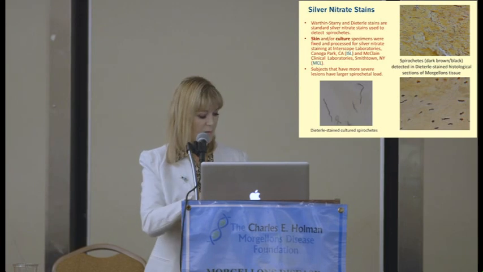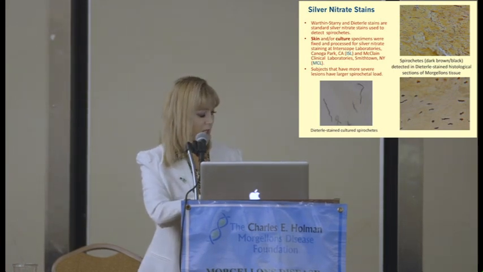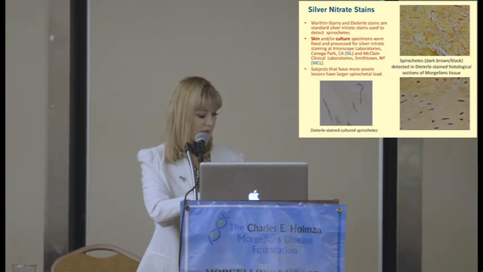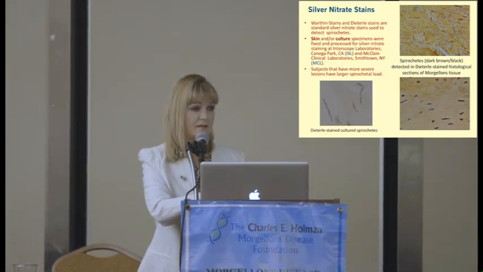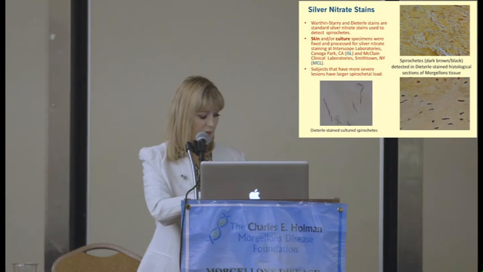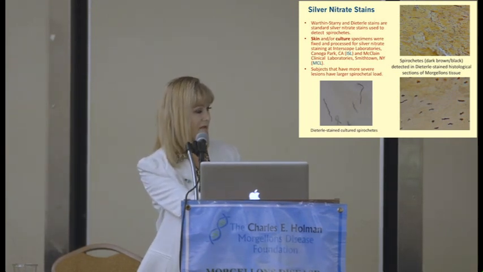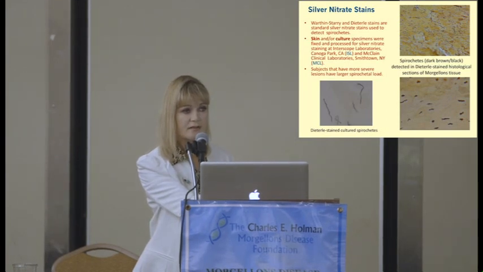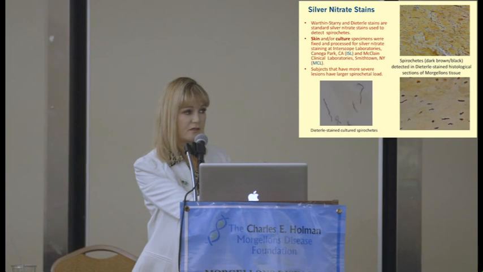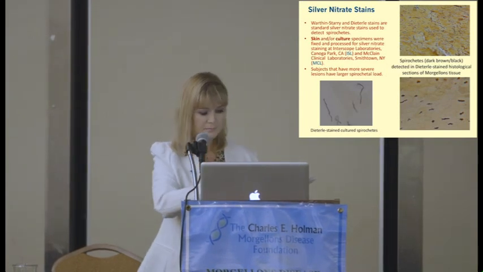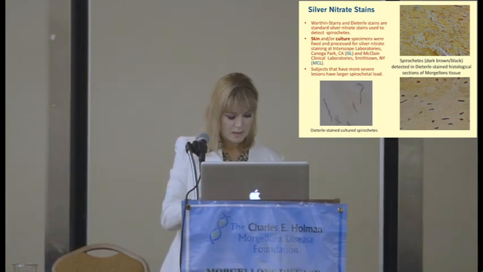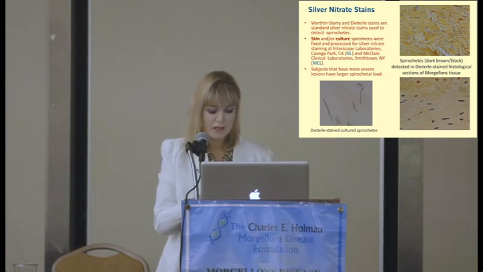The spirochetes in tissue are stained black, and the tissue is gold. This was particularly useful to see spirochetes in Morgellons skin sections. As you can see, these Morgellons lesions contain a lot of spirochetes. It's not just that we see one or two. These lesions are loaded with spirochetes. And we performed all the staining with positive and negative controls.